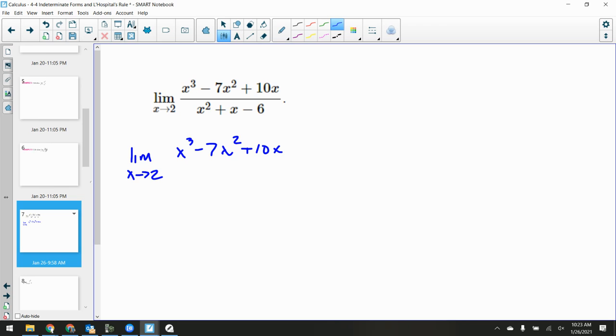Well, I could just do direct substitution because that's a polynomial. So that would be 2 to the third minus 7 times 2 squared plus 10 times 2. So 8 minus 28 plus 20. What happens? 0. Okay, so the limit of the top is 0.